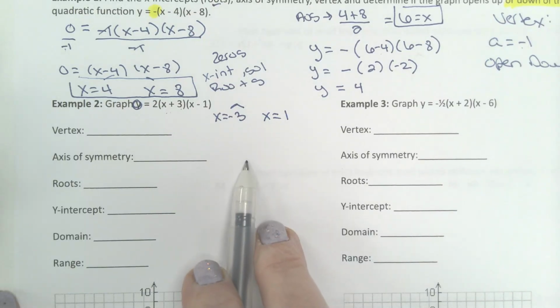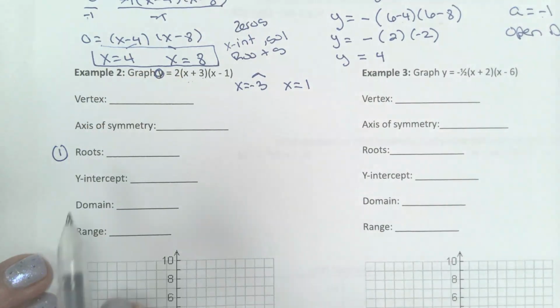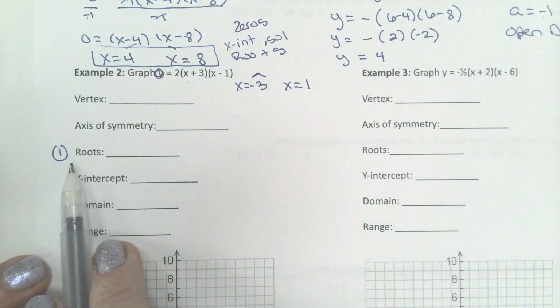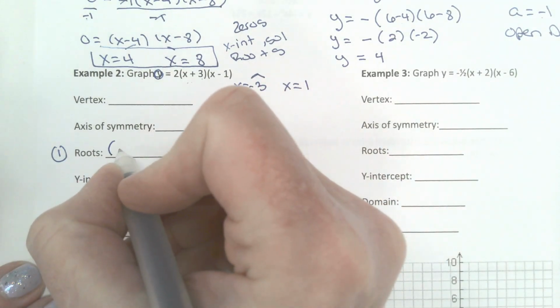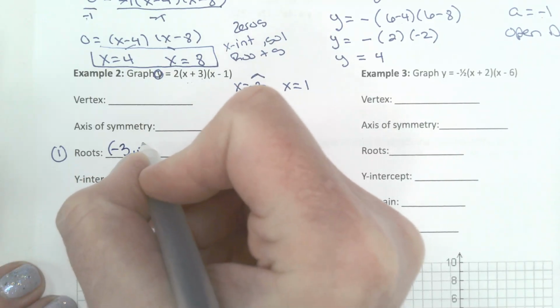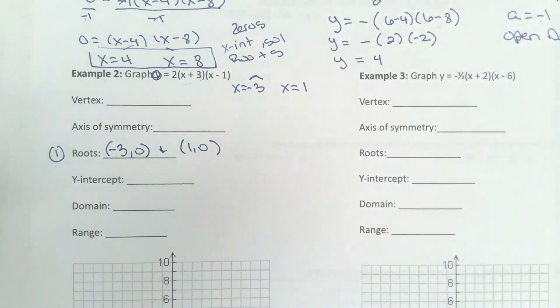All right, so what I really did first is I really found the roots first. So if you were going to label this, in this format, I really found the roots. So they are at -3, 0, and 1, 0.